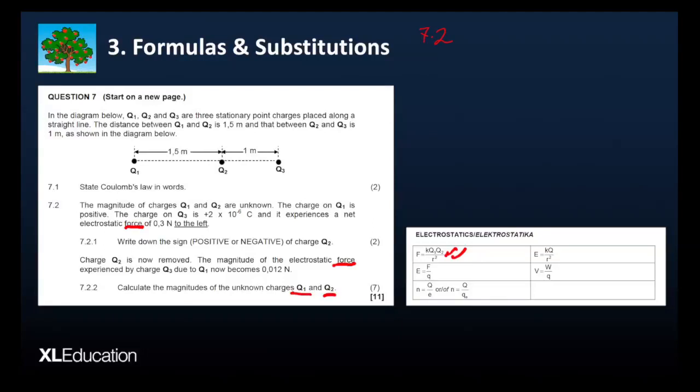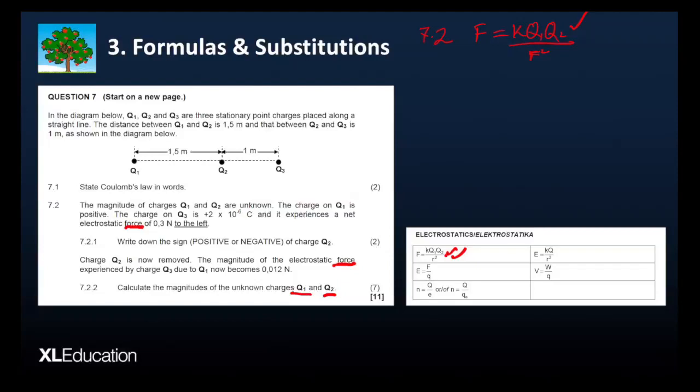Right. As we read through the question, calculate the magnitudes of the unknown charges. So firstly, copying the formula straight from the formula sheet. Q1, Q2 over R squared. We have a mark already. Right. Let's see what is wanted now.